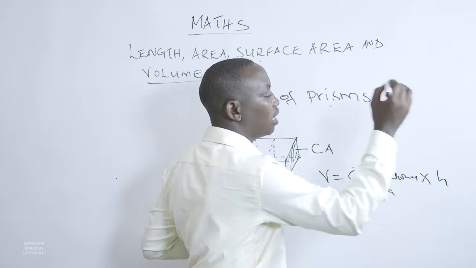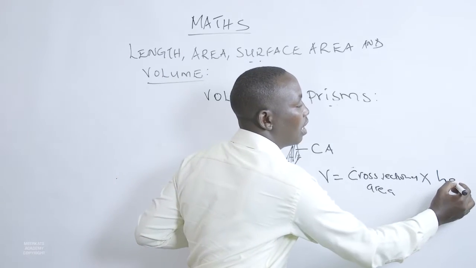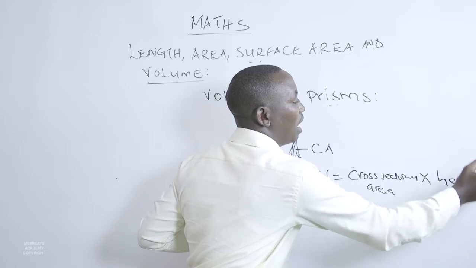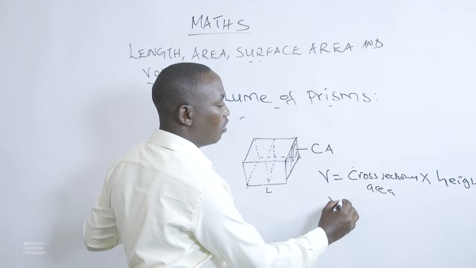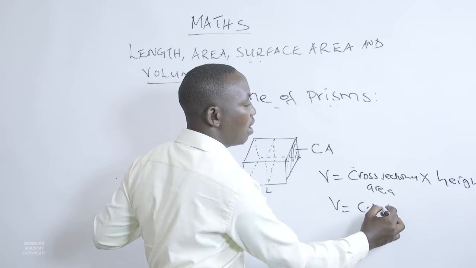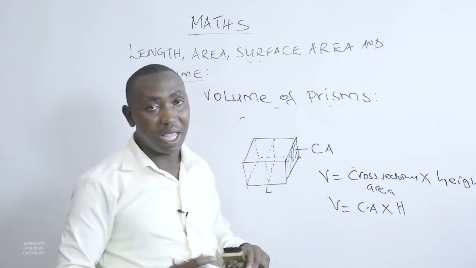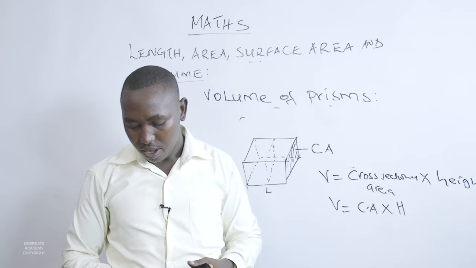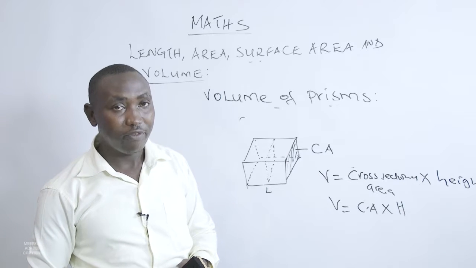In this particular case, let's talk about it in terms of being the height. Therefore, volume is equal to cross-sectional area multiplied by the height or the length of that particular figure.